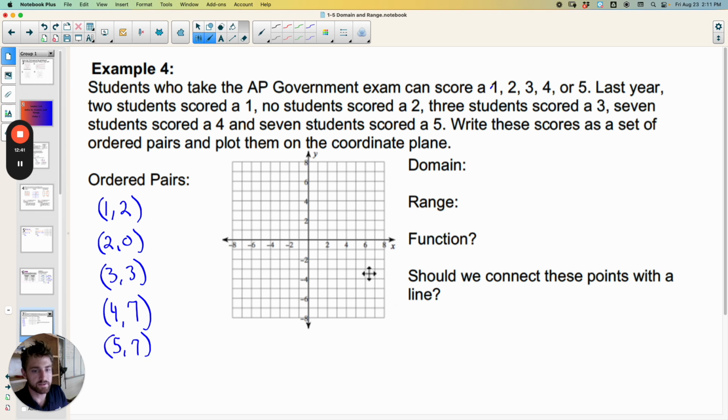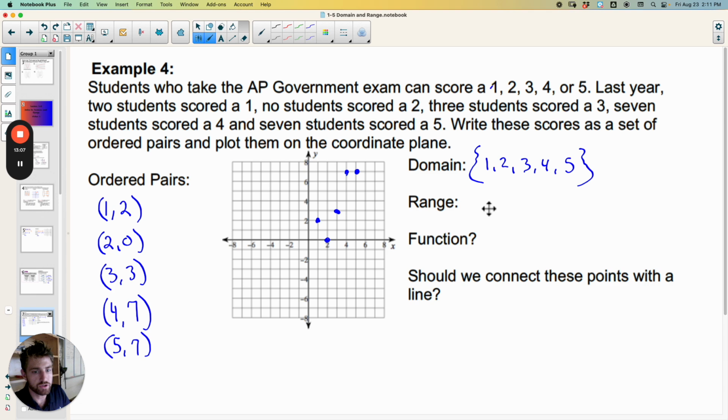Now let's plot these. So 1, 2, 2, 0, 3, 3, 4, 7, and lastly 5, 7. So our domain is 1, 2, 3, 4, 5.